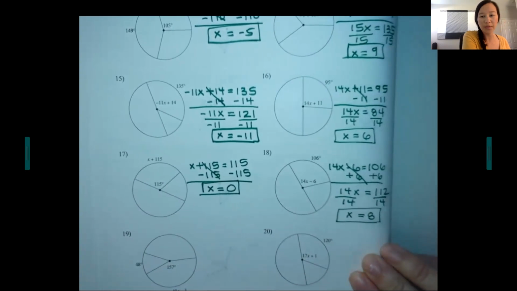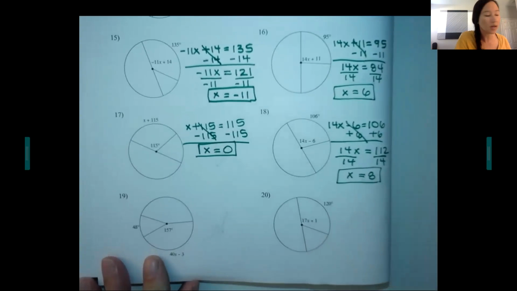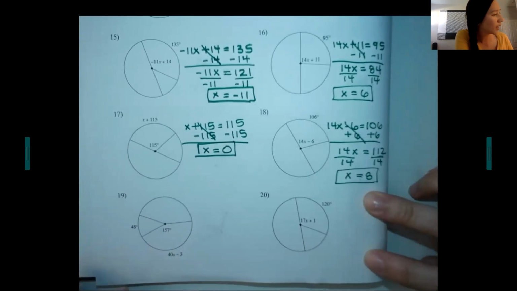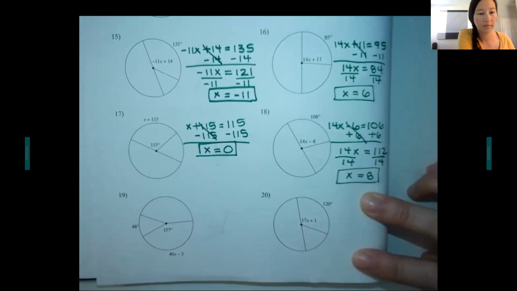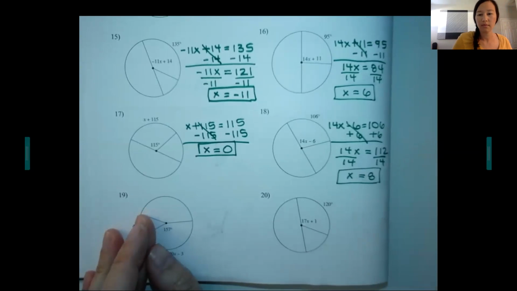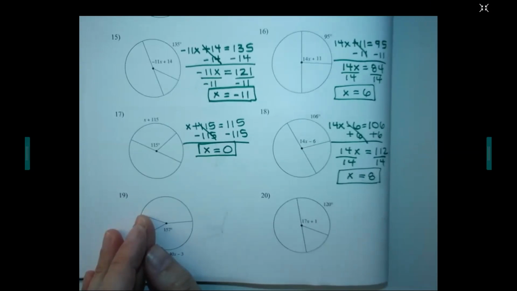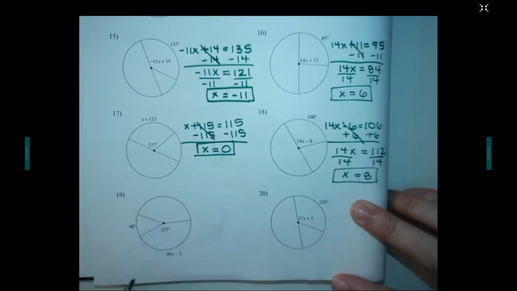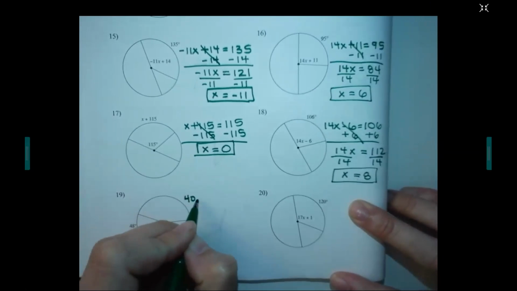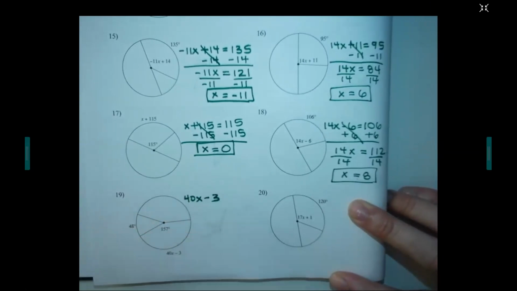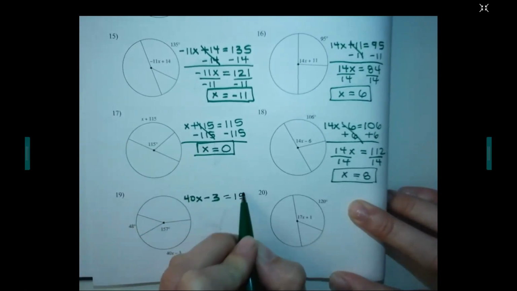All right, we'll move on to 19 and 20. Jade, how did you do 19 and 20? Okay, so I did 40x minus 3 equals 157. Very good.